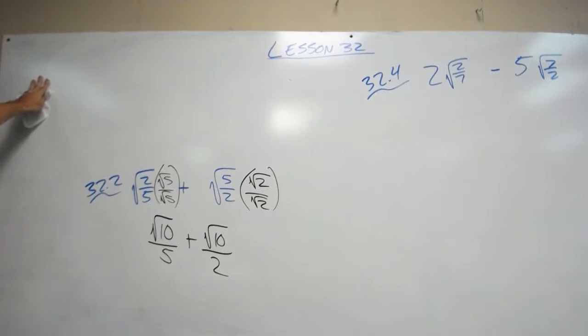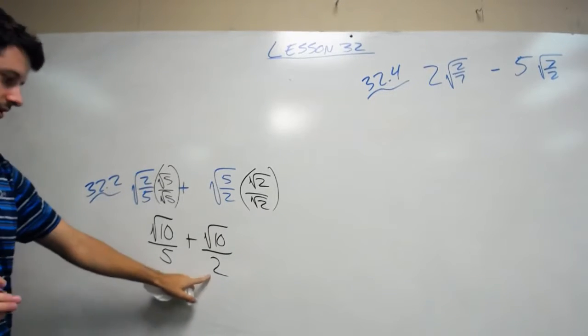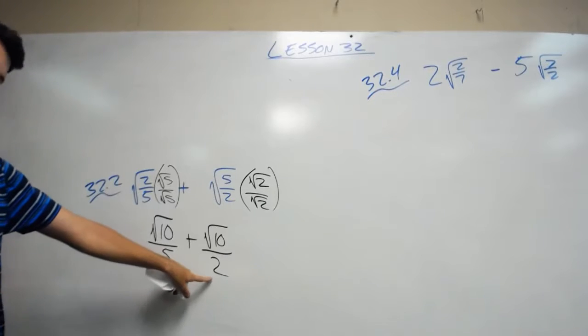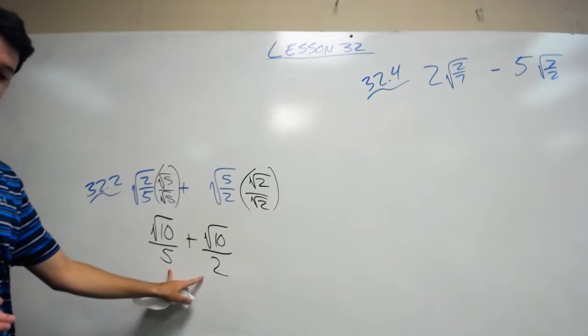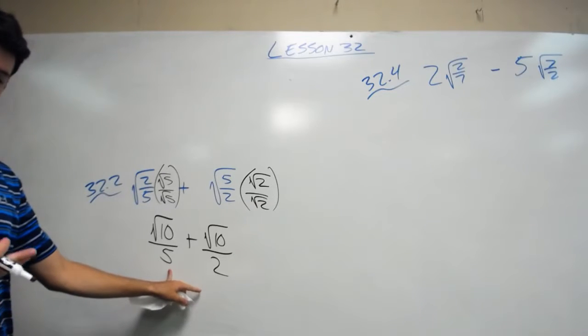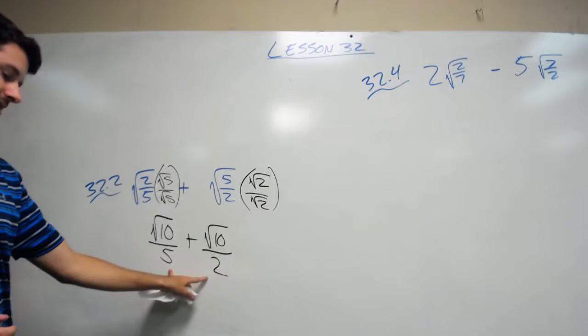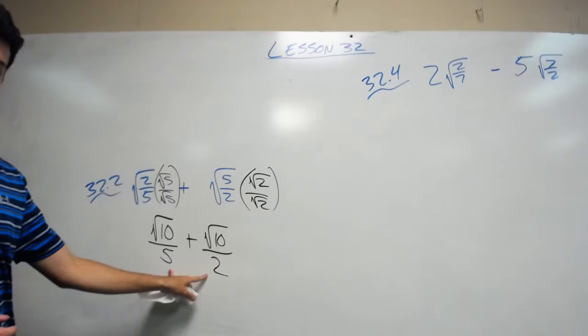Now from this point, you don't want to leave it like that. That is actually not simplified. We now have whole numbers in the denominator. And if you remember with these fractions, we can simplify by finding the least common multiple for the denominator. Well, 5 and 2 both go into 10.